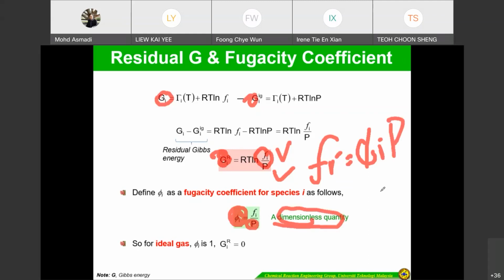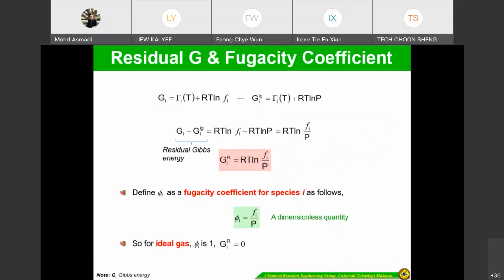This is a dimensionless quantity. For an ideal gas, there is no residual Gibbs energy, it is equal to 0, so ln phi_i equals 0. So our concern is how to determine this phi_i, the fugacity coefficient, because in order to determine fugacity, you have to determine the fugacity coefficient.